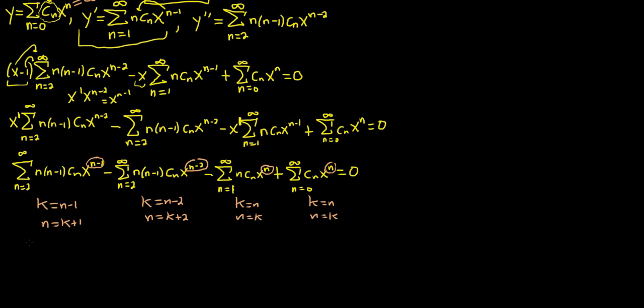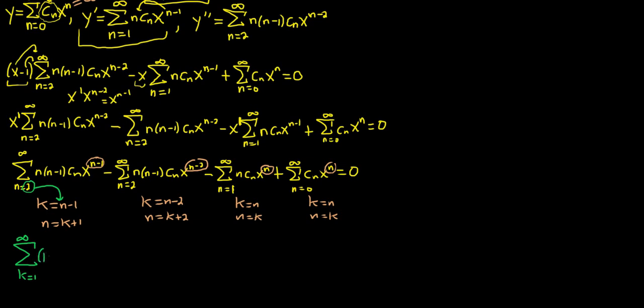So let's see, we have the infinite sum. n here is 2. So if you take the 2 and plug it in here, you get k equals 2 minus 1, so k equals 1. You actually just take the n and plug it into your formula for k to figure out where it starts. So we start at k equals 1, and we go to infinity. And now all of the n's are k plus 1s.